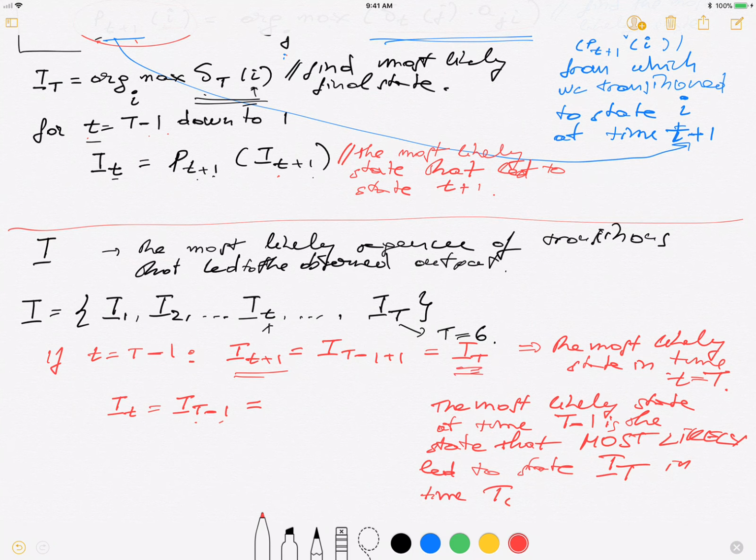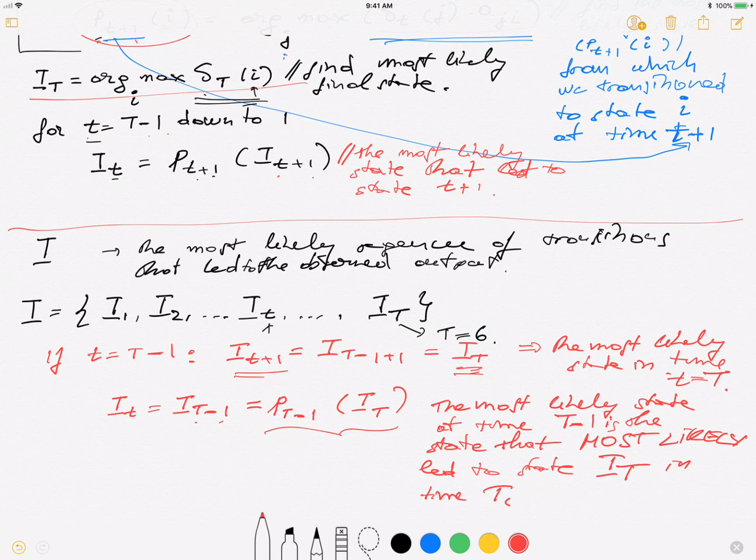We already know it. We determined it. Where? Here. What is the state that most likely led to state I T? This is exactly the notation of that state.